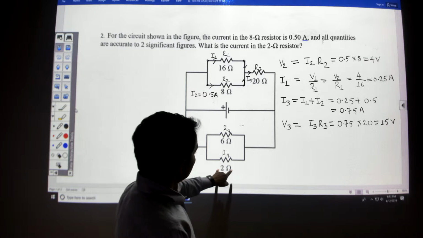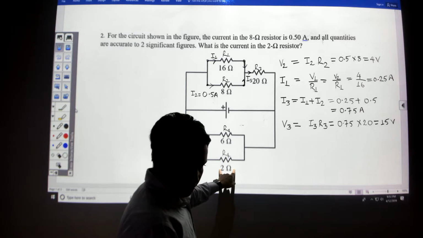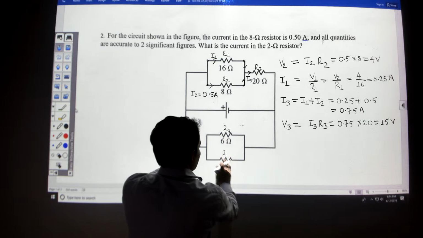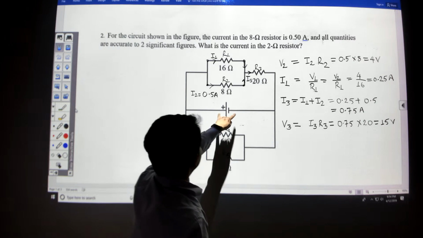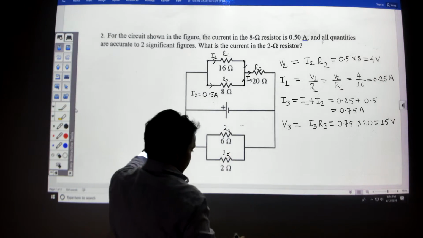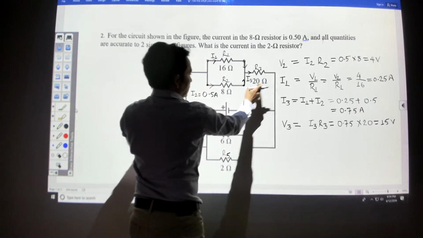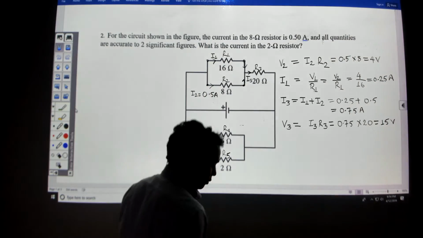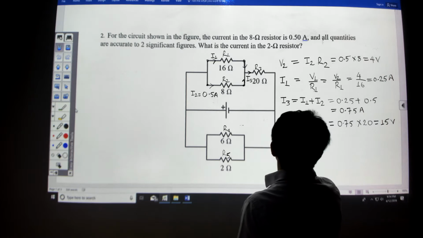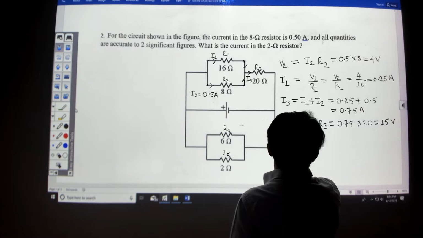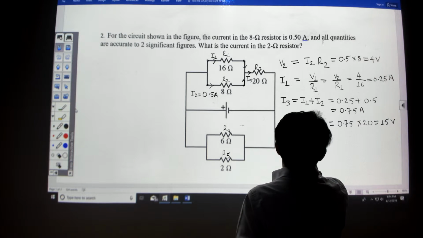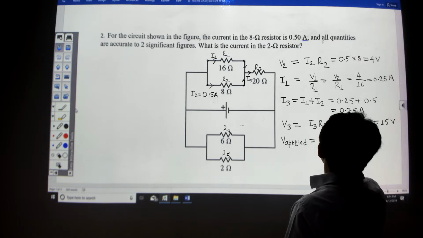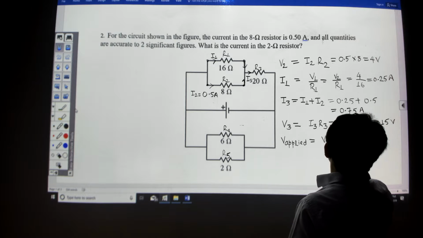Our goal is to find the current here, but we do not know the potential. The potential across R4 and R5 is the same as the applied potential. Now, you see, this is the 15 volt and the potential across here is 4 volt. So the total potential, V applied, is equal to V2 plus V3.